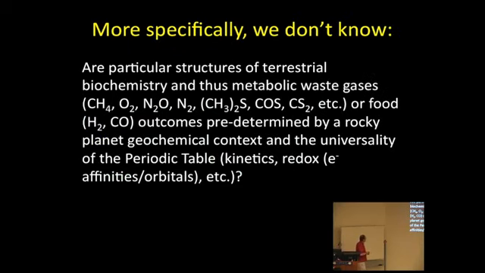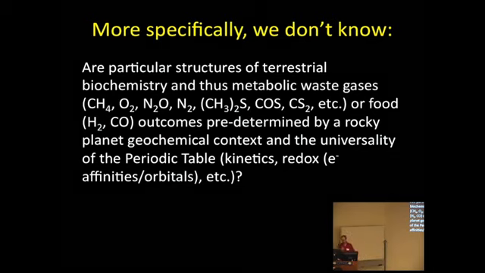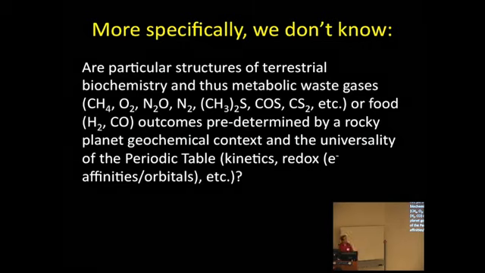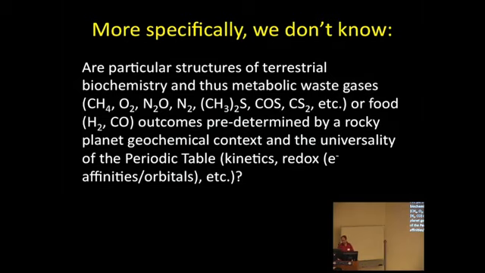But when we think of Earth, there are some people with Nobel Prizes who say that particular structures of terrestrial biochemistry and metabolic waste gases, or the food, might actually be predetermined by a planet's geochemical context, the universality of the periodic table, kinetics, redox, affinities, orbitals, etc. So that's something that people in the origin of life community are interested in, and they may be coming at it from a computational chemistry point of view, whereas in planetary science, we're looking at it from an observational point of view.